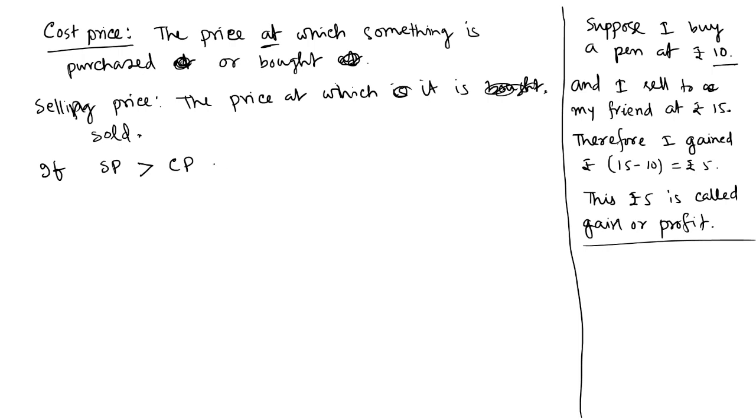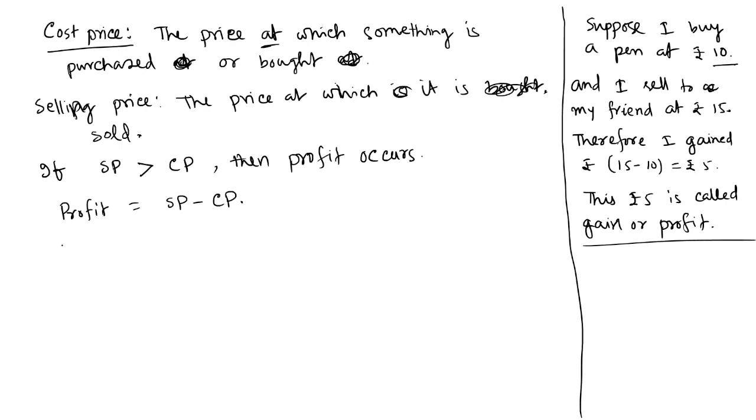Therefore I have profit. Profit occurs, right? And what is the amount of profit? Profit equals SP minus CP. So this much amount is the gain amount.